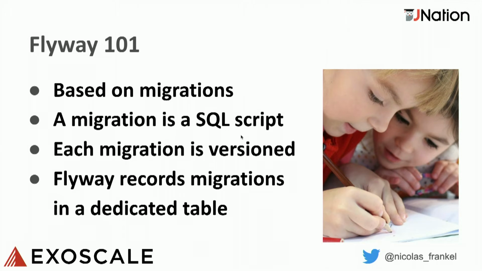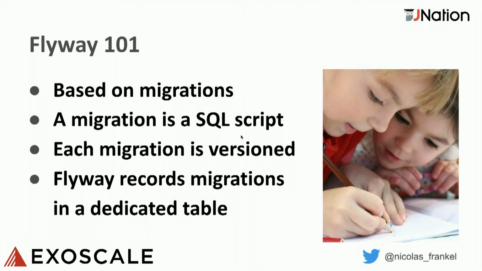And every migration has a version number, and the version numbers should be ordered, of course, so v1, v1.1, v1.2, v2, whatever you want. And Flyway will try to apply them in order. Every time it applies a migration, it will record it in its own table inside your database. And if a migration has already been done, then it won't be applied a second time.